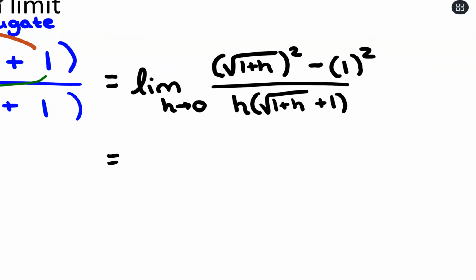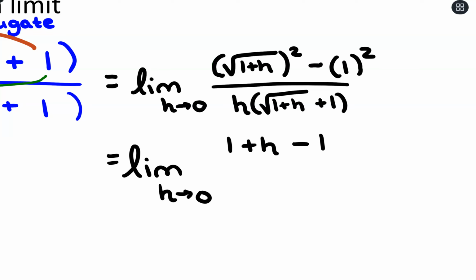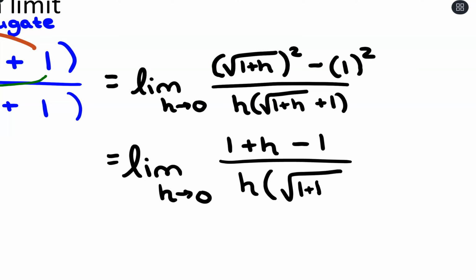Okay. So in the numerator, if I take care of those squares, I'm still evaluating the limit as h approaches 0. The square root of 1 plus h, squared, is just going to be 1 plus h, minus 1 squared, which is just 1. Again, keeping this h times root 1 plus h plus 1.